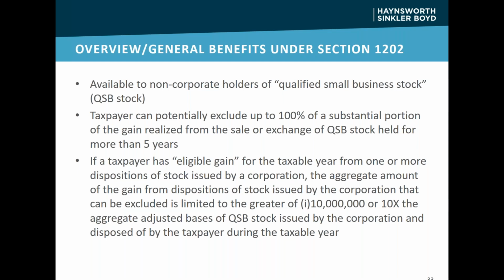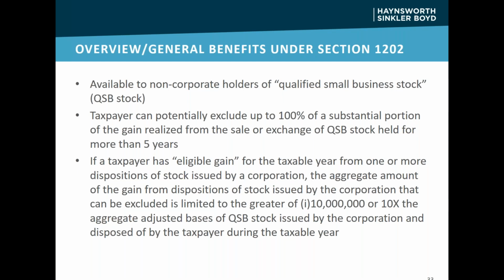There is a limit to the amount of gain that can be excluded. It's the limit on this slide. It's limited to the greater of $10 million or 10 times the aggregate adjusted basis of qualified small business stock issued by the corporation and disposed of by the taxpayer during the taxable year.